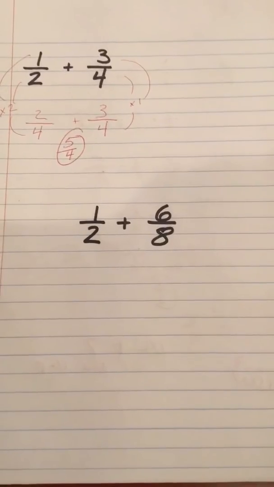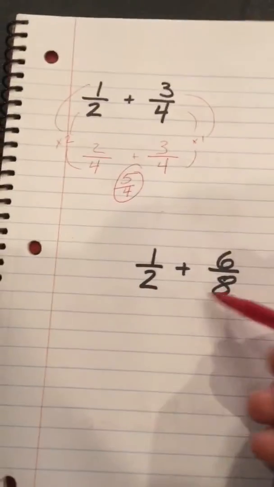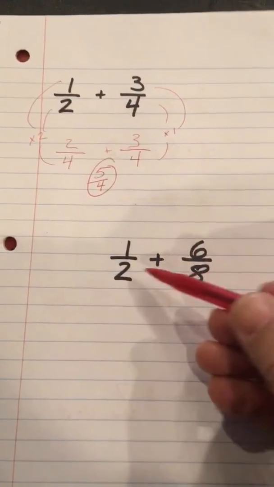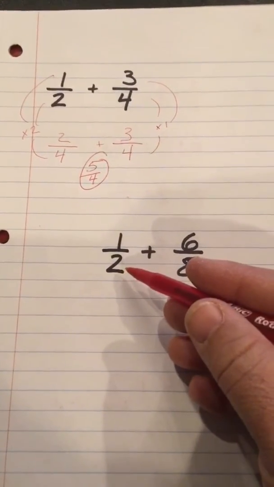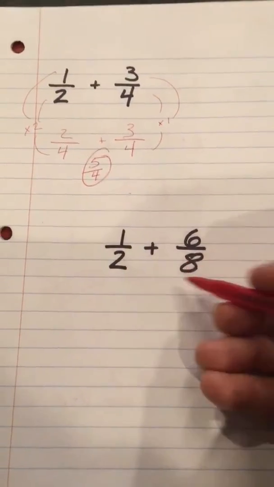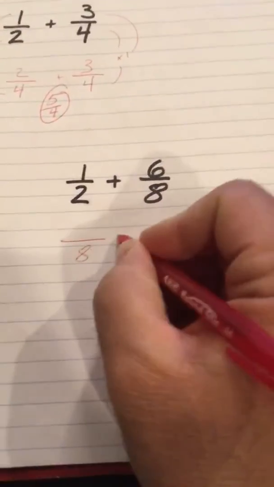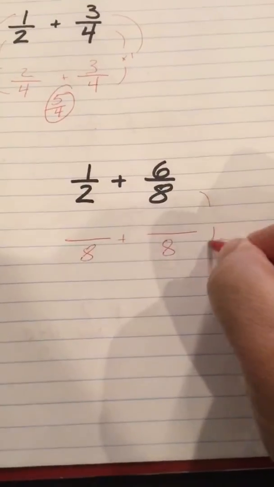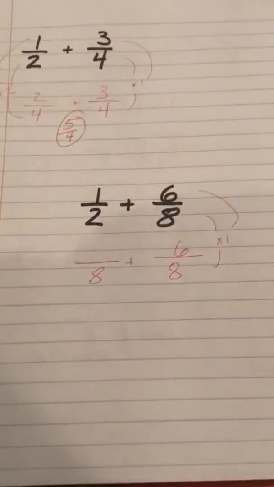And this one. All right, count by the smallest, think of the biggest. 2, 4. Can 8 go into 4? No. 6. Can 8 go into 6? No. 8. Can 8 go into 8? Absolutely. 8 times what gives you 8? 6 times 1 is 6.